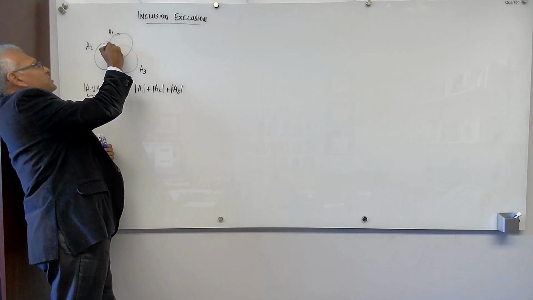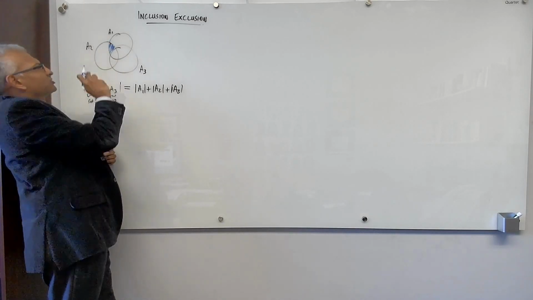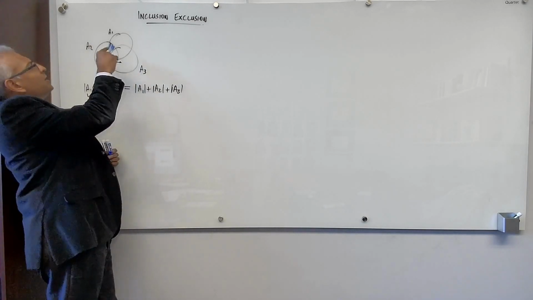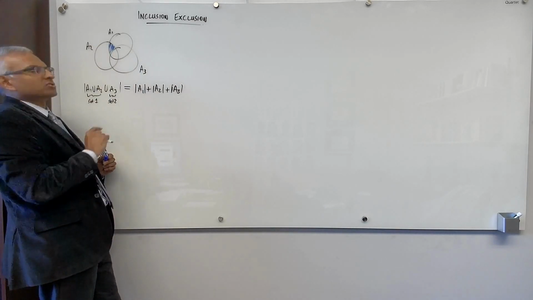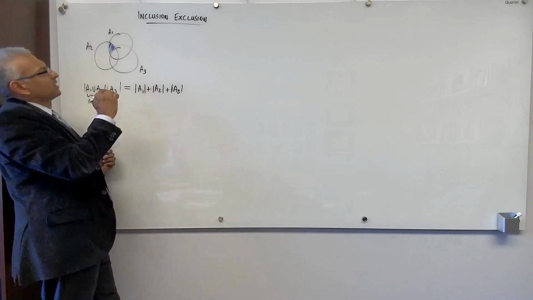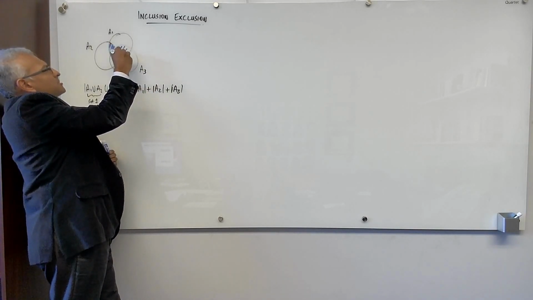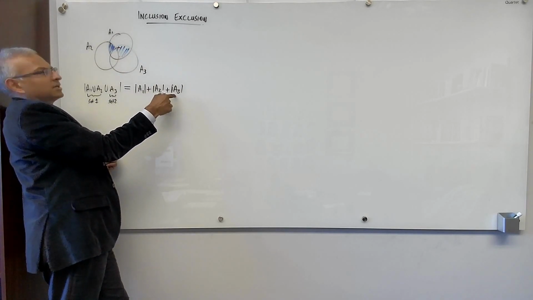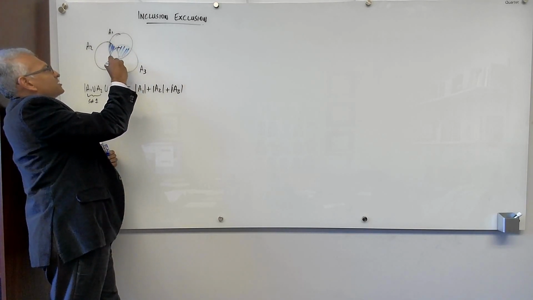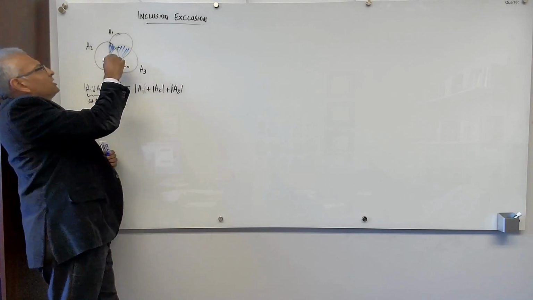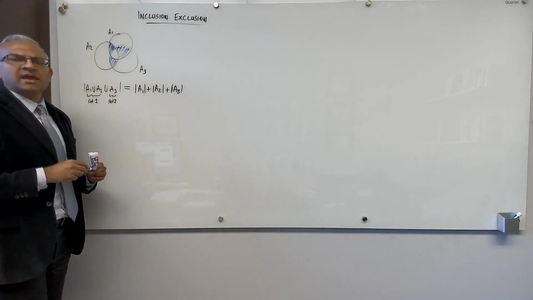When I added A2, I added that intersection again. So I've added that intersection twice. And when I added A1 and A3, I added this intersection twice as well, and similarly with this intersection: A2 adds it, A3 adds it. So each of these blue intersections has been added twice.